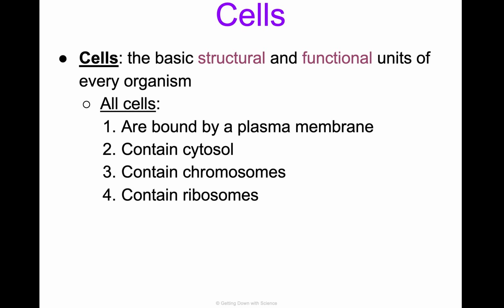They also contain chromosomes, which is the inheritable genetic material that is passed down. And all cells contain ribosomes. That's an important one. The function of ribosomes is to create proteins and other things, so we'll get into that. But these are 4 features that all cells have.